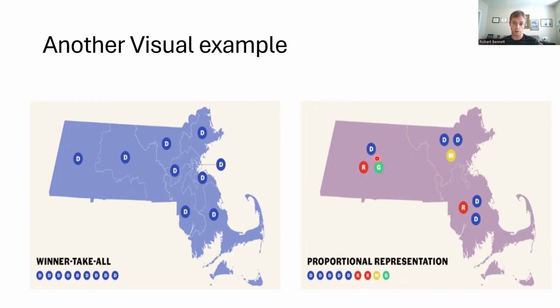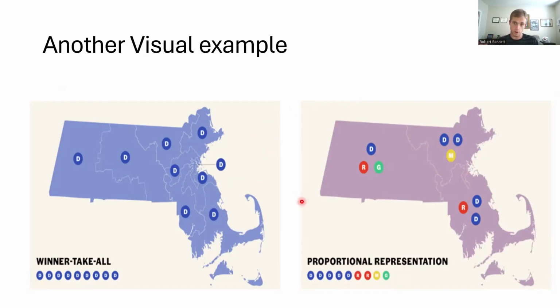We'll talk more about increasing the number of representatives in the House in just a moment. But in one district, you can have a Democrat, a Republican, and say a Green Party candidate or some other party candidate, and then the same thing in a couple of other districts, multi-member districts, and multiple representatives to represent each political side.